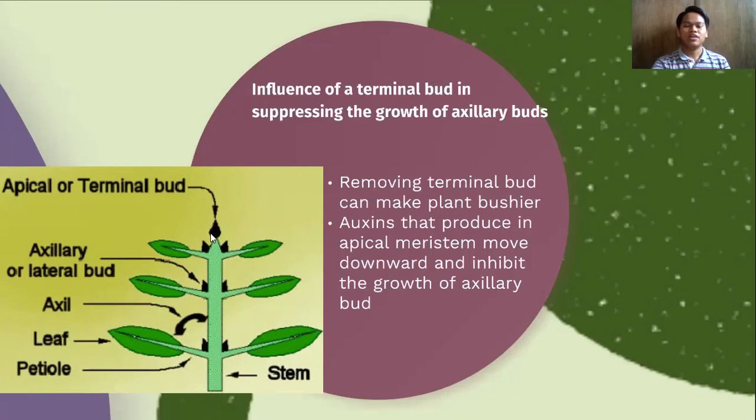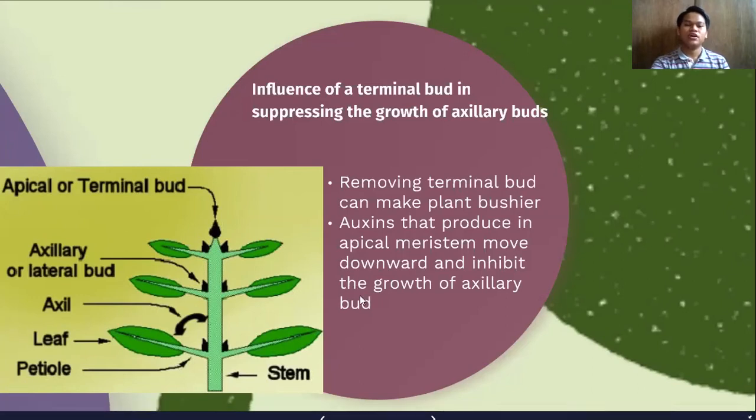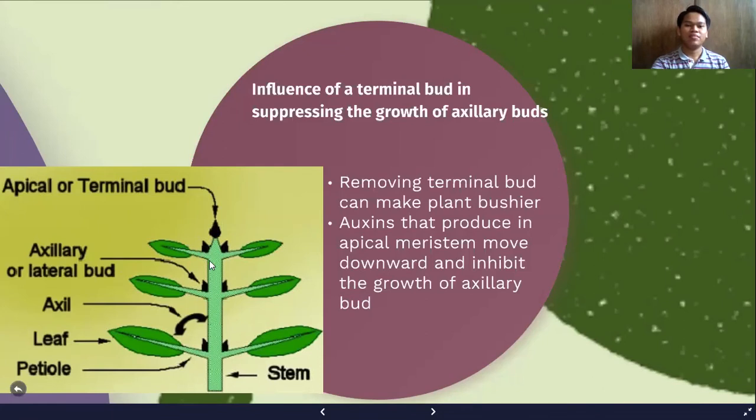Auxins produced in the apical meristem will move downward and inhibit the growth of axillary buds, so it will grow upward. When we cut the terminal bud, apical dominance will not occur.